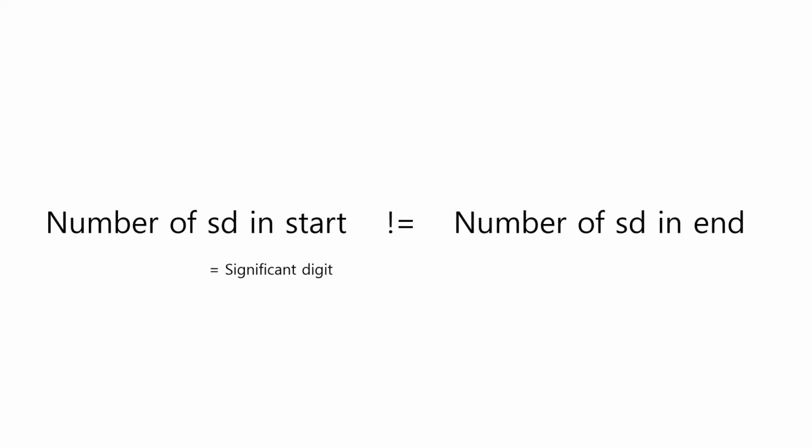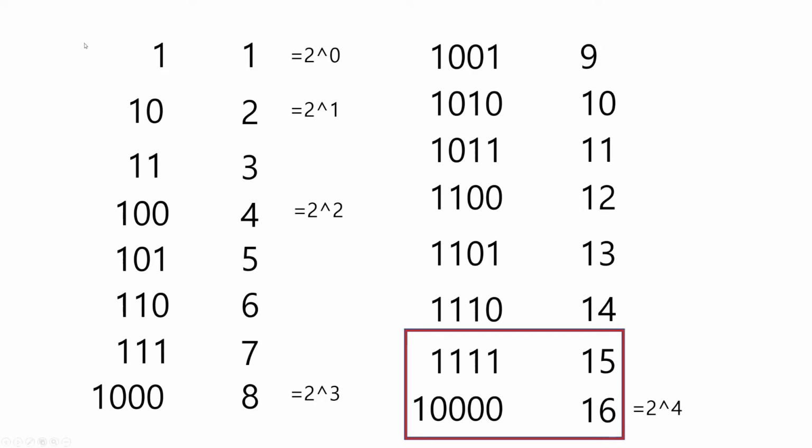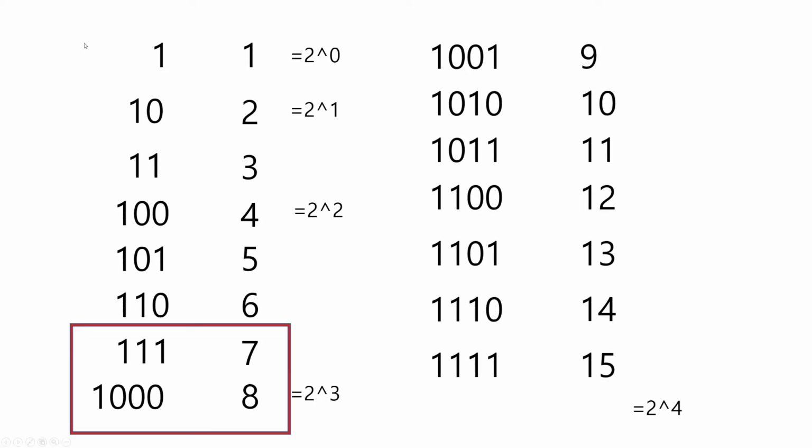So it means that if the number of significant digits in the start is not equal to the number of significant digits in the end, the result becomes 0. If you see 7 and 8, the number of significant digits in 7 is 3 and in 8 is 4, so it is not the same.